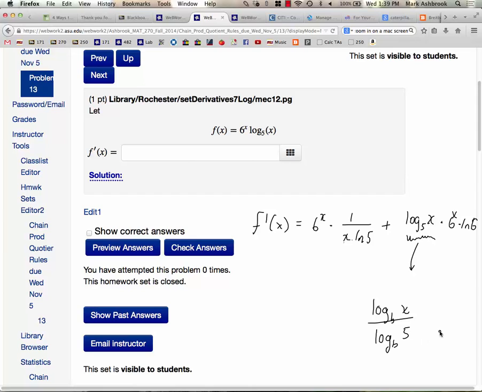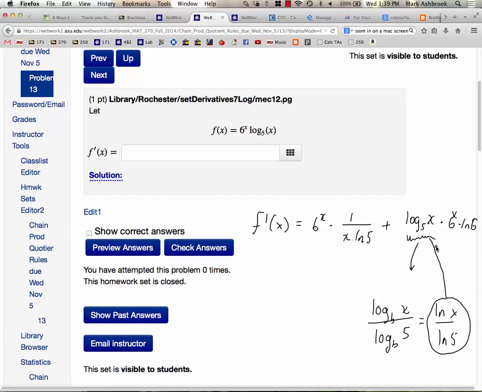So choose any base, call it b: log base b of x divided by log base b of 5. The easiest one would be to use natural log. So natural log of x over natural log of 5 is an equivalent way to express log base 5 of x. That's called the change of base rule. So that's probably why we ran into trouble. But the important thing for tonight is this first step. Are we good on the first step?